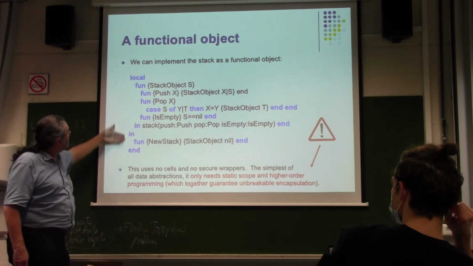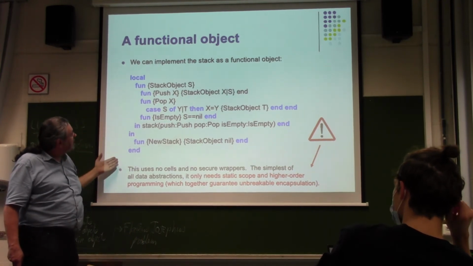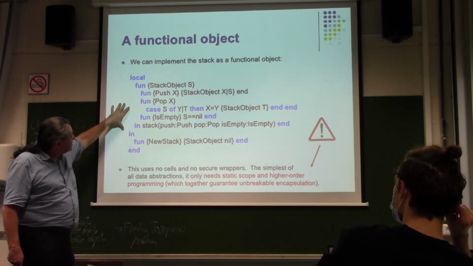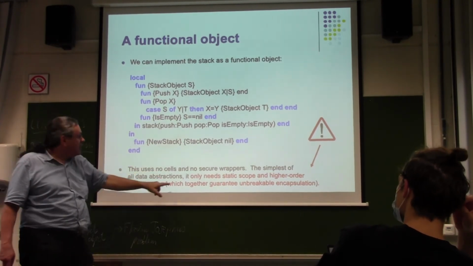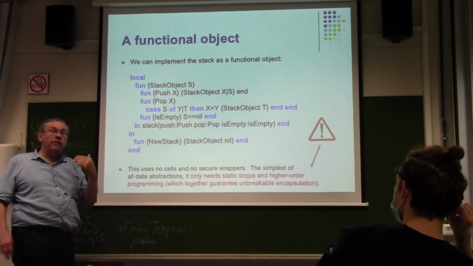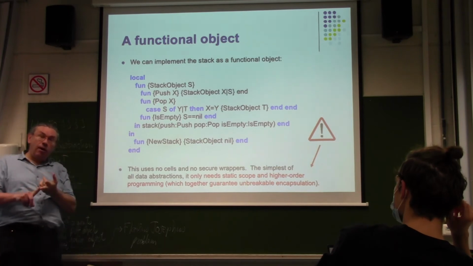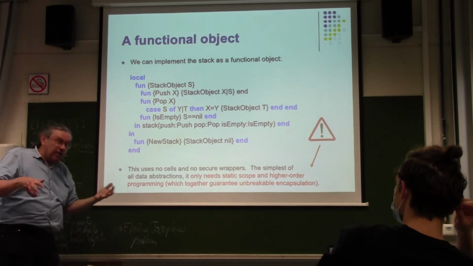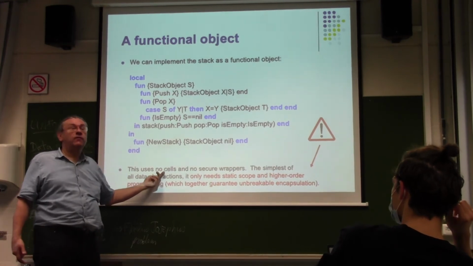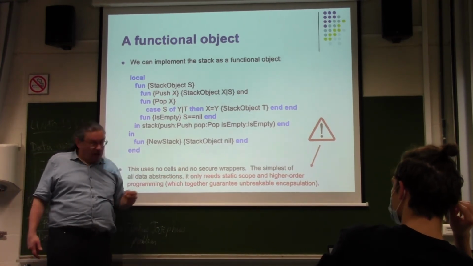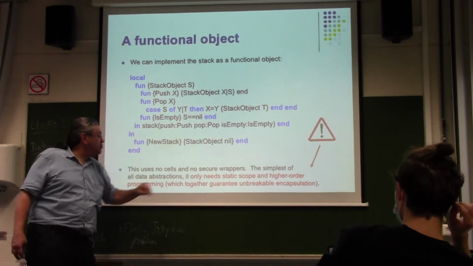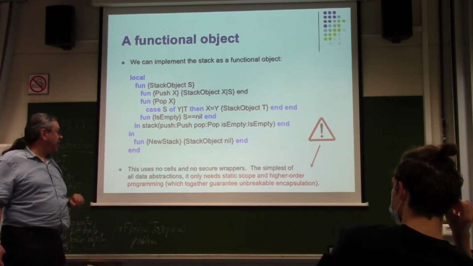The interesting thing about this is that in the language, it's very simple. I don't need cells, and I don't need the secure wrapping. In the previous ones, abstract data type and regular objects, I needed extra language concepts. I needed cells to do objects, and I needed names and secure wrappers to do the abstract data type.